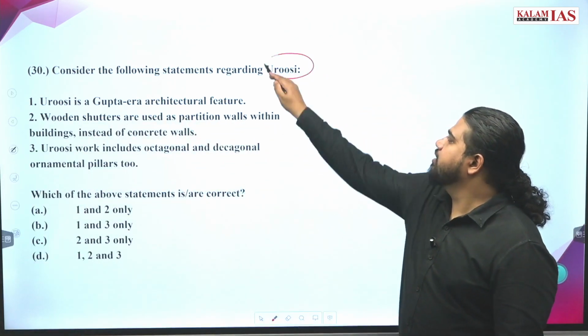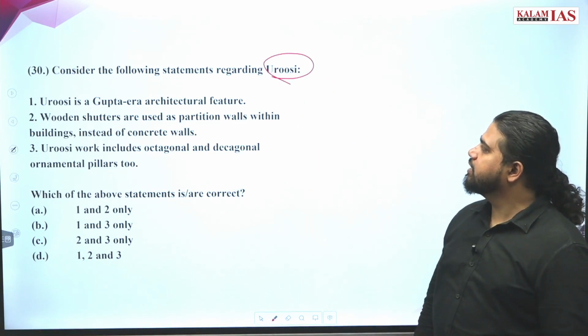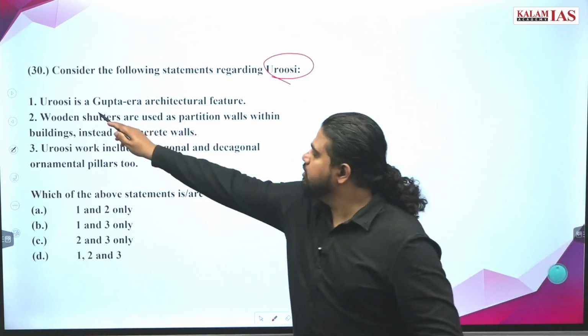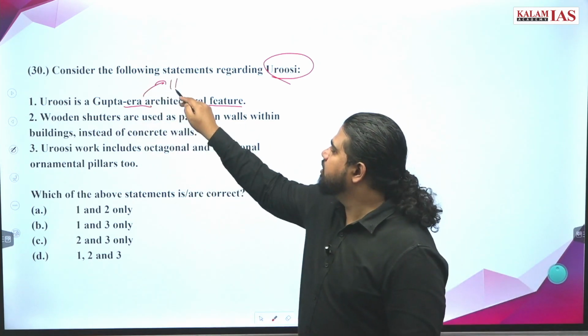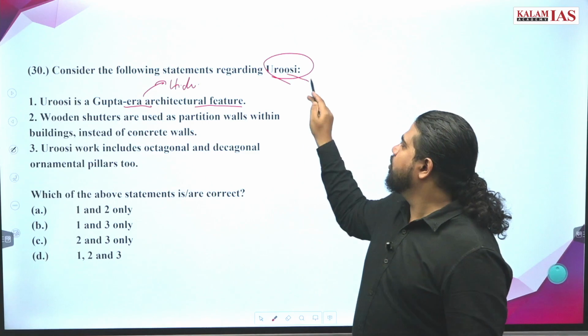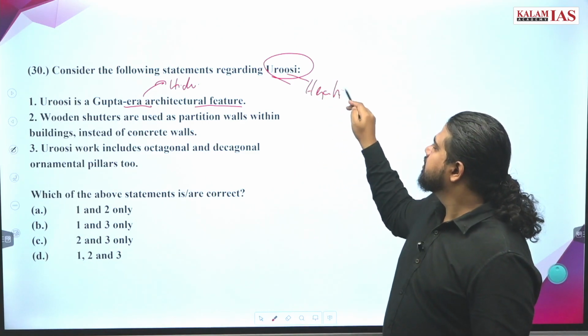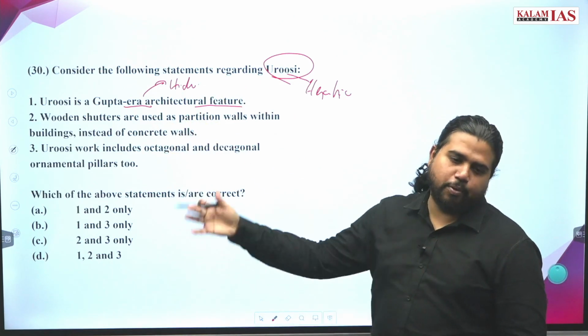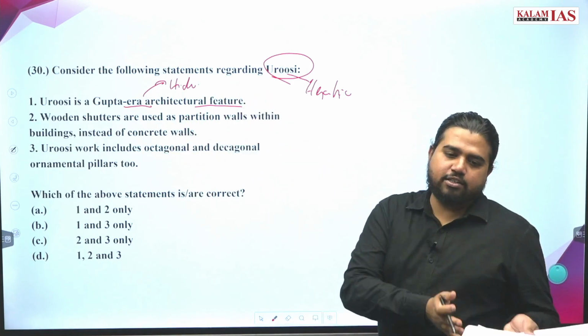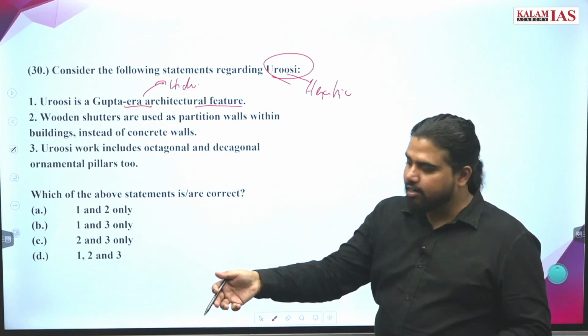Now you can see the word Urusi. Consider the following statement regarding Urusi. It is a Gupta era architectural feature. A Gupta era, it's a Hindu era. This is more like an Arabic word, and an Arabic word cannot find expression in the Gupta era. Most probably it will be something related to the Delhi Sultanates or the Mughal era.